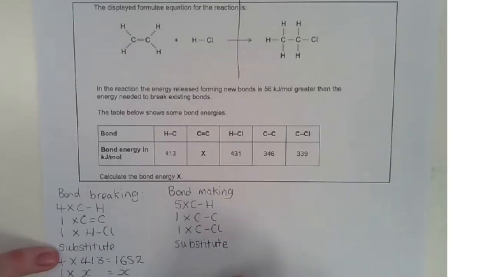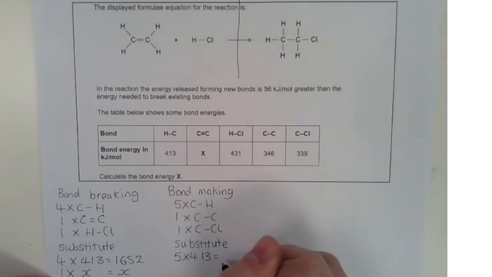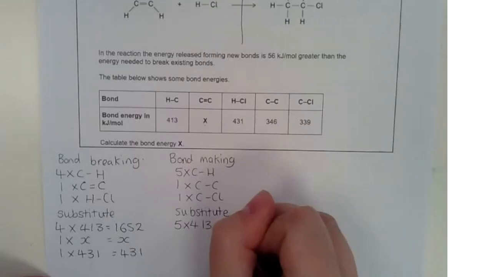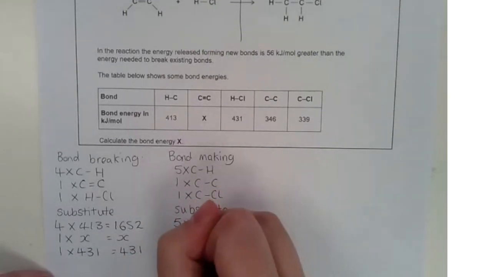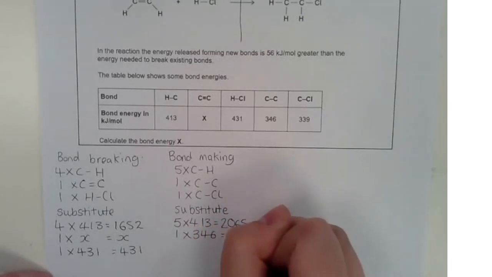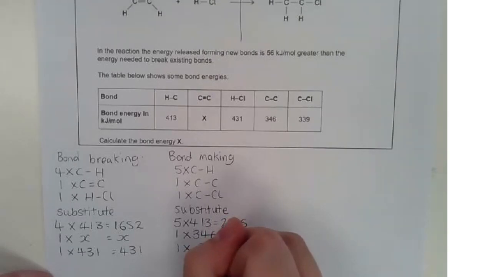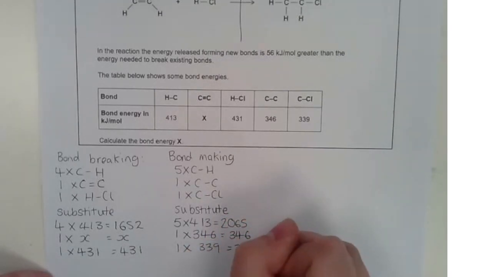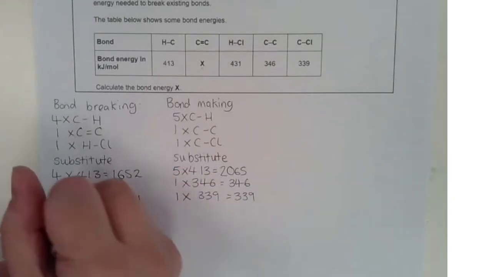On the bond making, I'm going to follow the same process. I have 5 times 413, which is going to be equal to 2065. I have 1 multiplied by my 346, which gives me 346, and 1 multiplied by 339, which gives me 339. I'm now going to add those together.